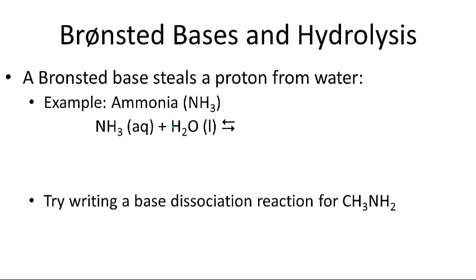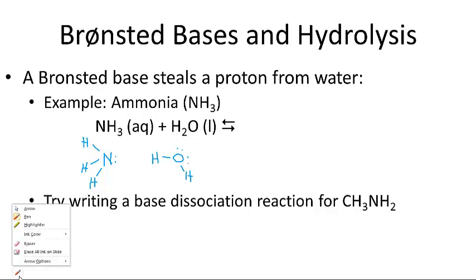I'll come back to the Lewis definition in a minute. So for example, ammonia is our classic example of a Bronsted base. When you react NH3 with H2O, I have NH3 like this with a lone pair, and I have H2O like that. The nitrogen reaches out and grabs hydrogen and breaks the OH bond.